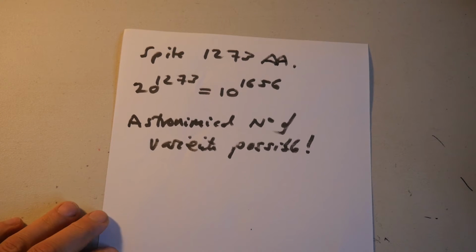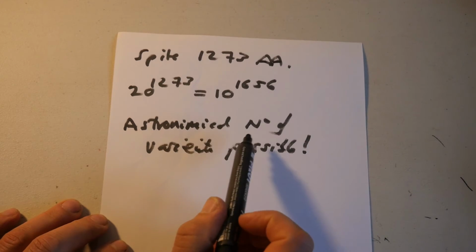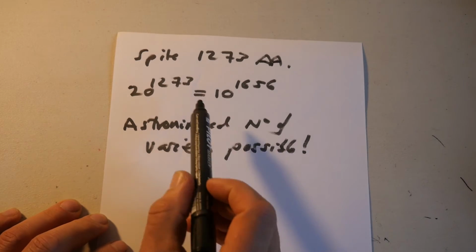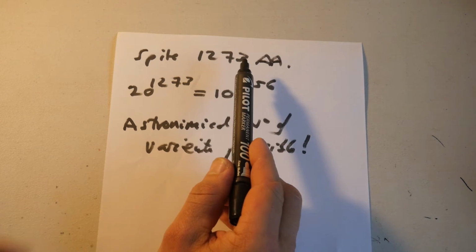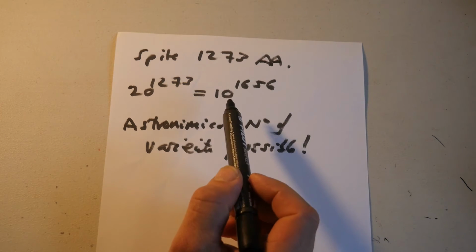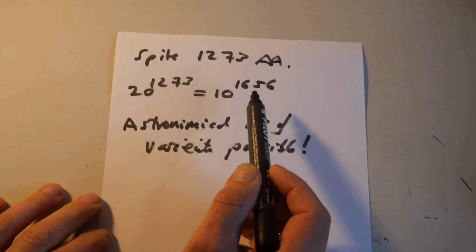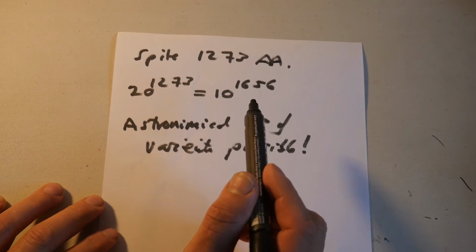Just a quick note. I mentioned the astronomical number of possible variants when you have a spike with 1,273 amino acids. You get about 10 to the power of 1600 combinations of variants of spike.